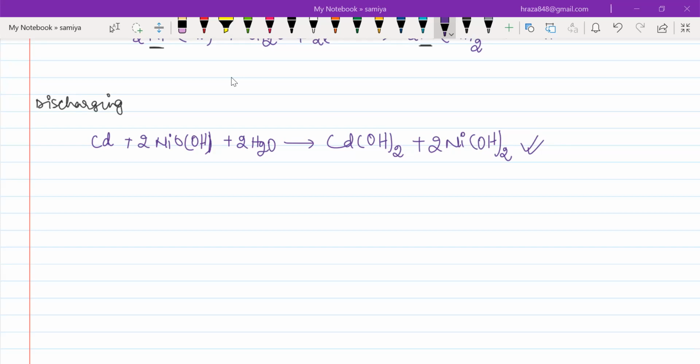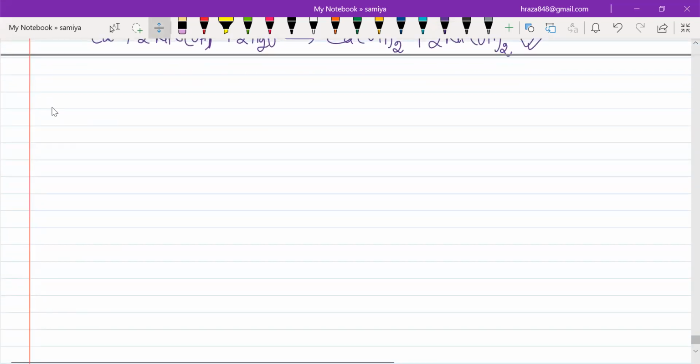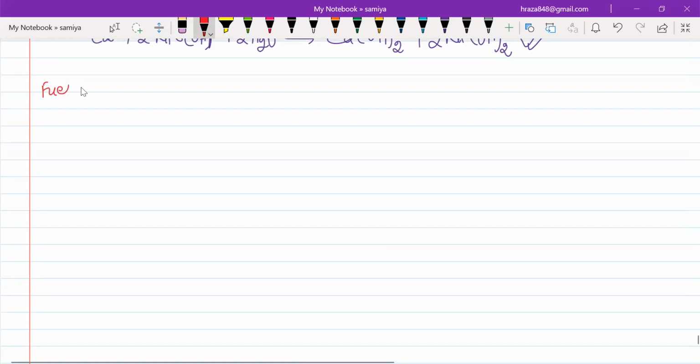Done, sir. Okay. Now the next cell is the fuel cell. It's also a secondary cell, and this is basically the fuel cell, also known as the H2-O2 fuel cell.